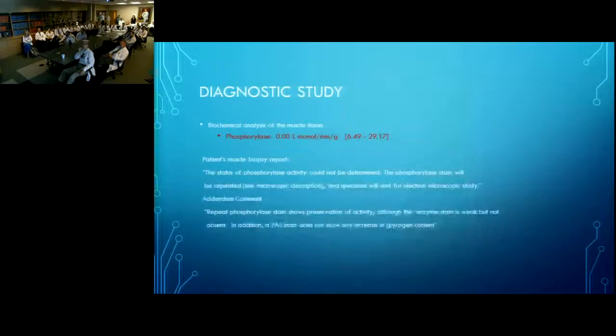So what we did in our patient is we tried to get the myophosphorylase stain, but it was indeterminate basically. The initial report said that they couldn't determine it, they were going to repeat it. The repeat study said maybe weak, but we're not sure. So then we decided to send the muscle tissue for biochemical analysis, and they discovered basically no level of the enzyme, confirming that it's McArdle disease.